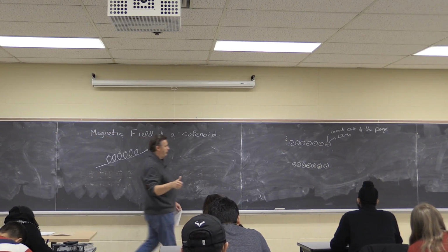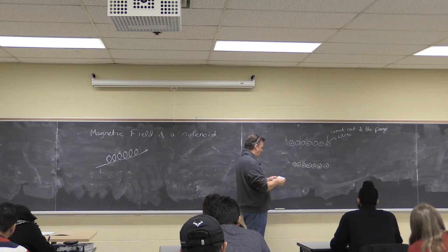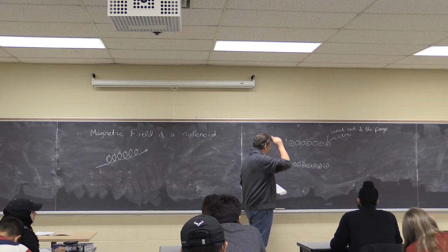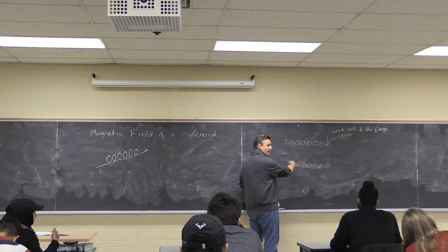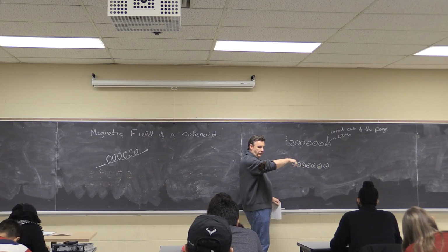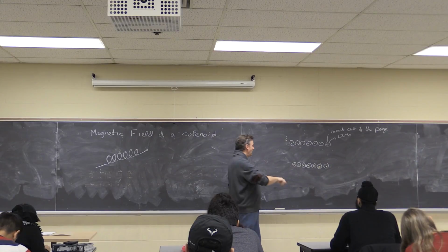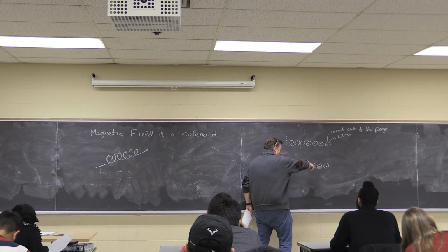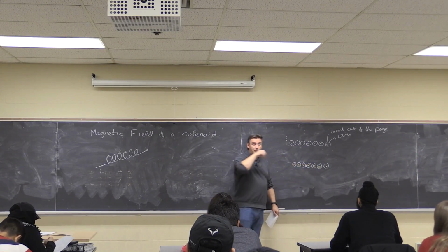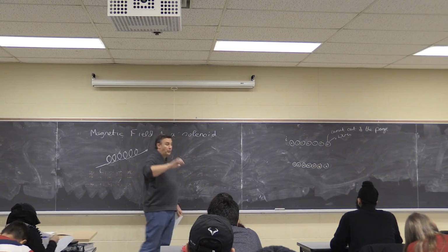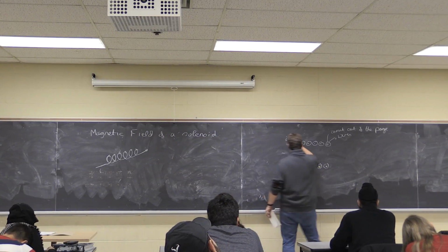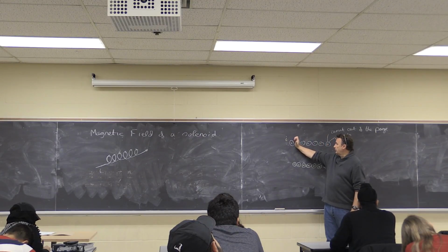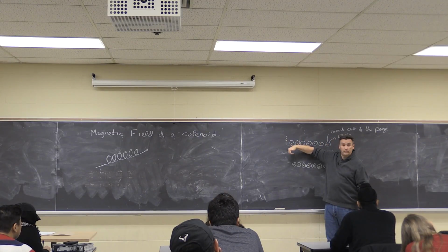So I could argue that if the current is going into the bottom around one of these wires, I could imagine there's a circular magnetic field, and it's going to follow the right-hand rule. So each of these wires is going to have a magnetic field flowing around it. Or if I took one wire, current flowing in. Current coming out of the top is going to be coming in this sense. The magnetic field is going to point in this direction.